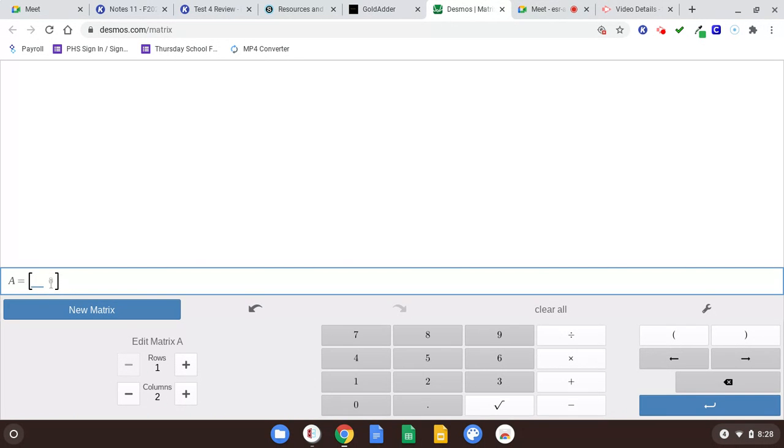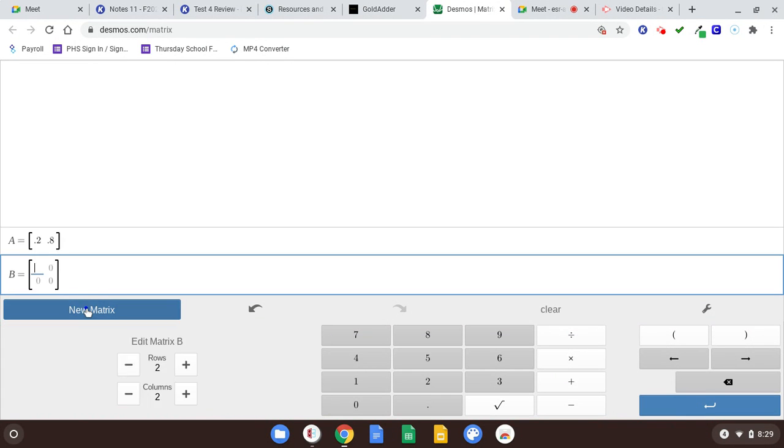So this was 0.2. I can use my tab key to get over or click on it, and enter. I want a new matrix, and it needs to be a 2 by 2. And it was -1, 2, 1, 0.